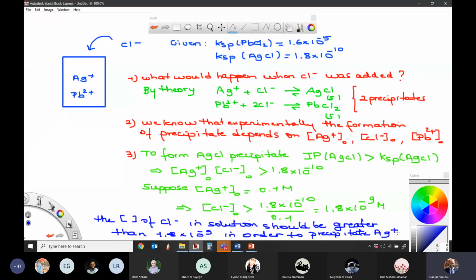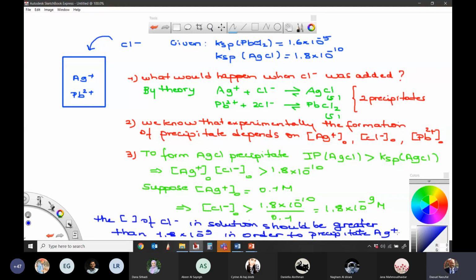Okay, this is the theoretical concentration of Cl- that should be used in order to precipitate Ag+ present in the solution, and Ag+ present in the solution is given 0.1 molar.